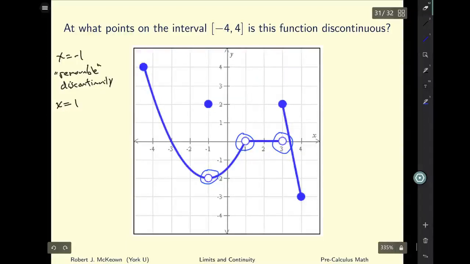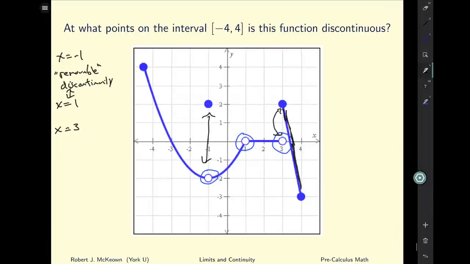I'll just erase that because I don't want you to think that's the actual function. And so x equals 1 is also a removable discontinuity. And then we have another candidate, x equals 3, and we can see that the function jumps up like it did here, but in this case it continues on to the end of the interval that we're analyzing.